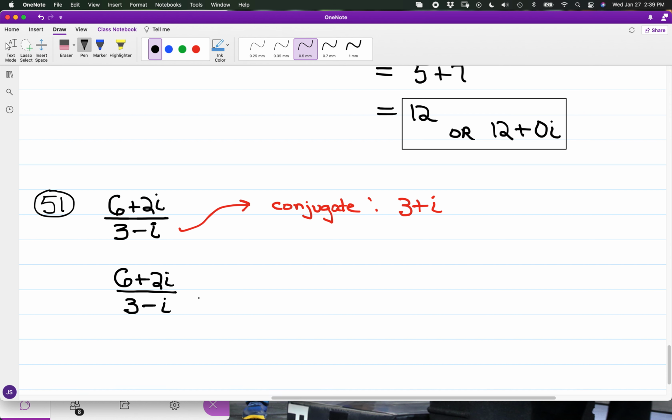So I have 6 plus 2i all over 3 minus i. Now we've got a standard form in the numerator and a standard form in the denominator. But if I make this fraction a standard form complex number in its own right, the pathway to create this will be multiplying this overall ratio by 1 in the form of the conjugate over itself.